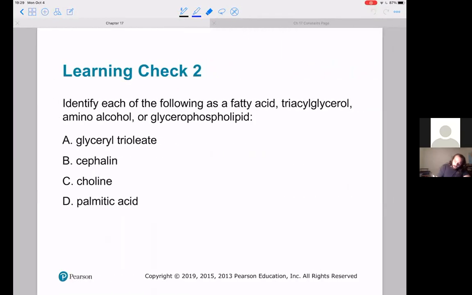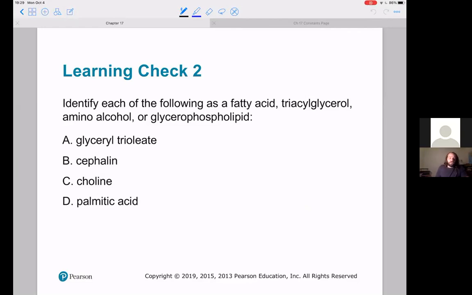Okay, well, let's see if we can classify the following as being either fatty acids, triacylglycerols, amino alcohols, or glycerophospholipids. So let's see. Glycerol trioleate. What would that one be? Okay, so remember that this would be the name of when we made our triacylglycerol.